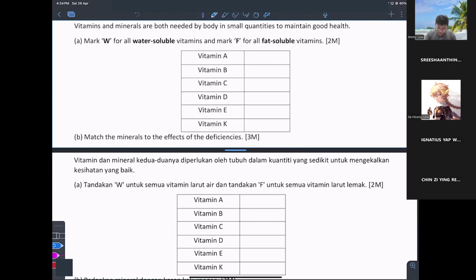Among them, vitamins A, D, E, K are fat soluble, which means they are able to dissolve in fat. The rest, 2, vitamin B and C, are considered water soluble.